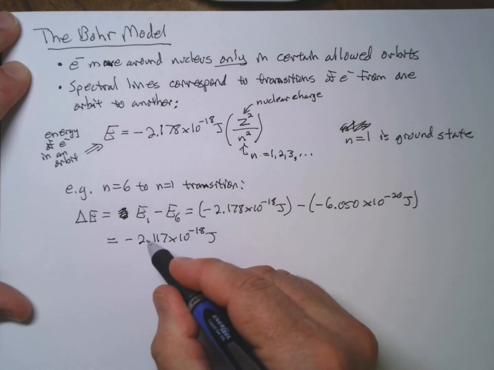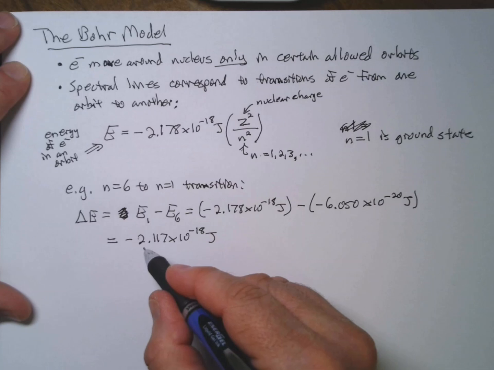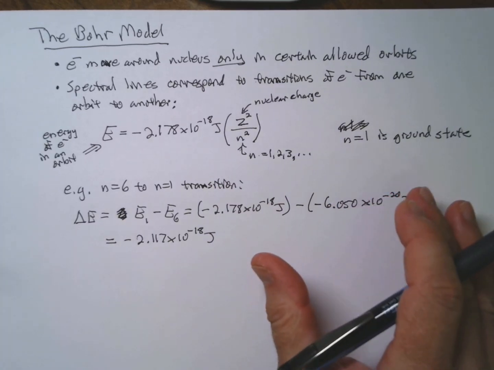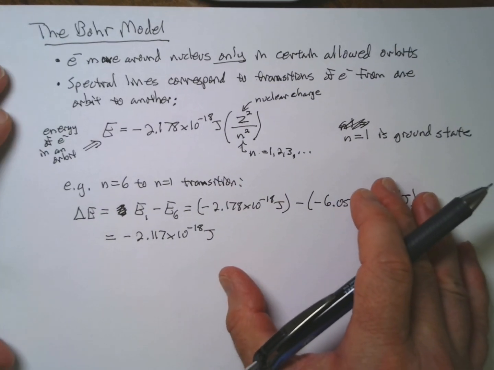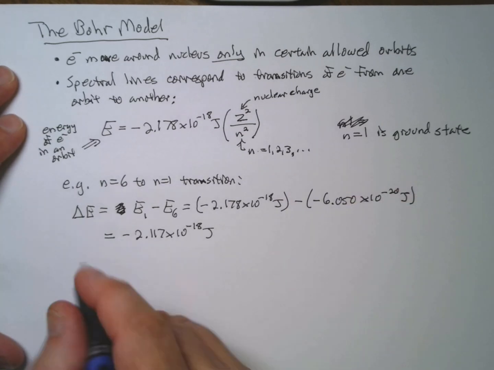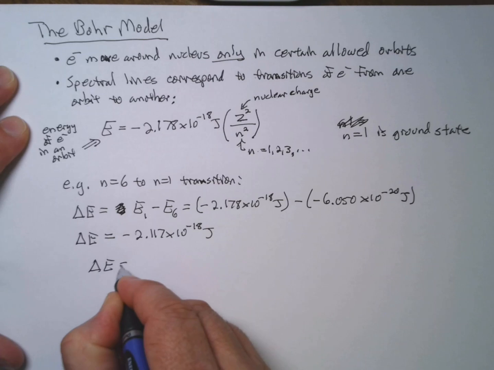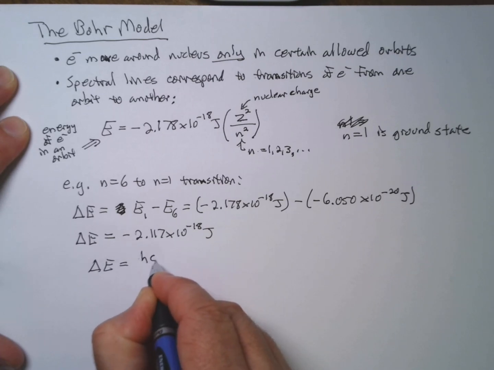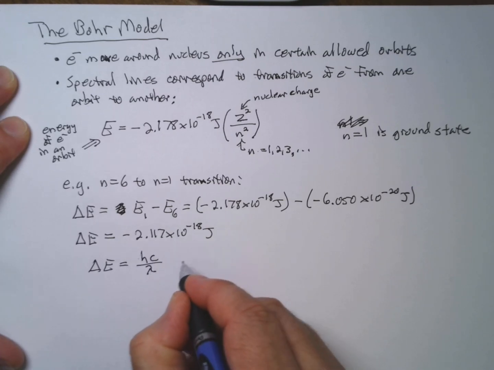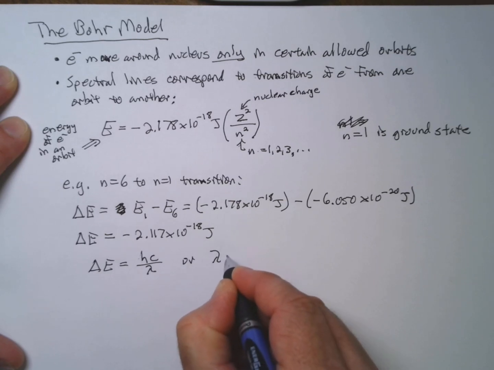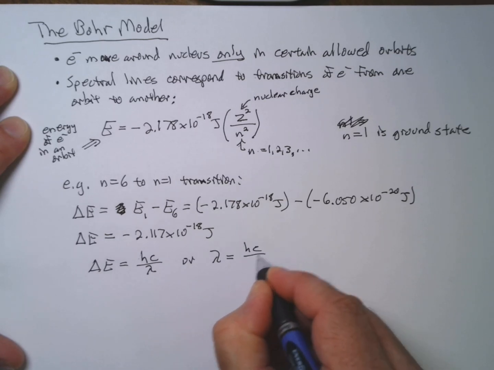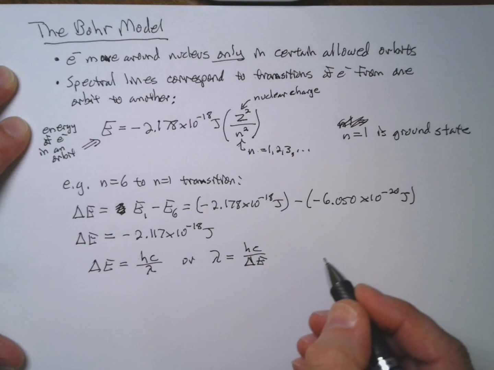So notice it's negative, which means that energy is given off. And then we can calculate the wavelength of the light emitted. So this is delta E, because remember delta E equals hc over lambda, or lambda equals hc over delta E.